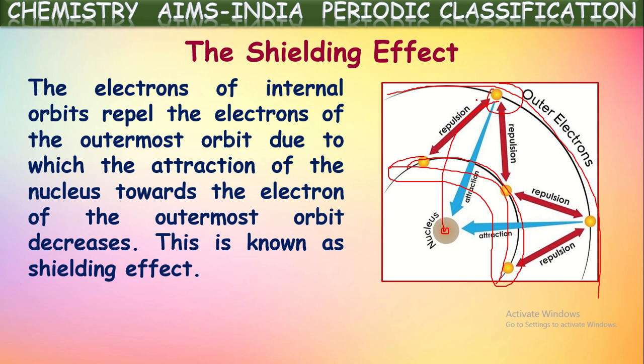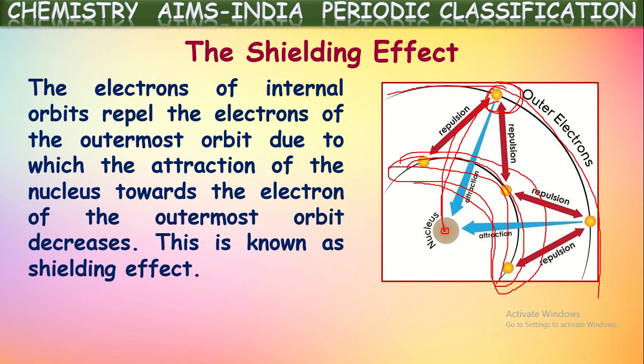Actually, for lanthanoids this shielding effect is less. If it is greater, size will automatically be greater, because the attraction of the nucleus on these outer electrons will decrease because of the inner electrons' shielding, and hence they may move a little away because of the repulsions. So size increases.